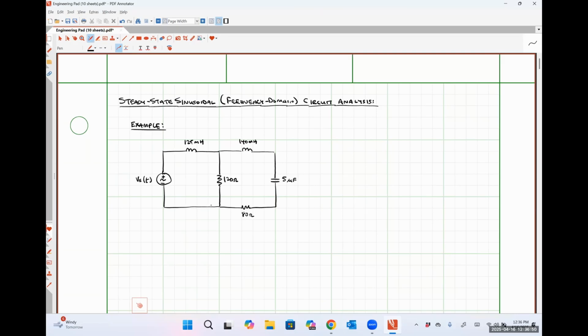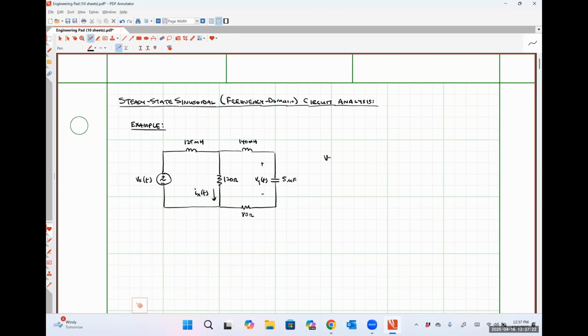And let's say that we were interested in determining the following quantities. So I'm going to call this current right here Ix of t, and I'm going to call this voltage right here Vy of t. So our ultimate goal here is to get a time domain signal for the current flowing through that 120 ohm resistor and a time domain voltage for the voltage drop across that 5 microfarad capacitor.